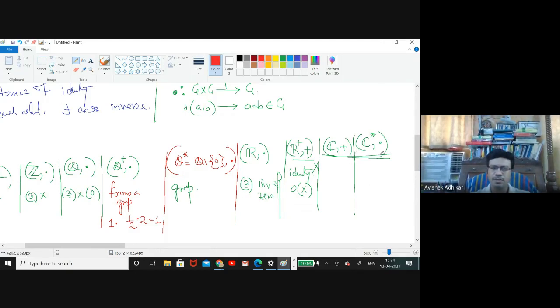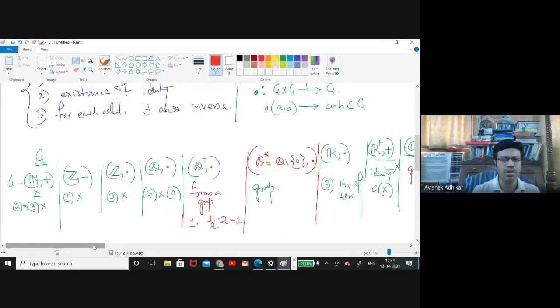Yes, sir, they form groups. Like natural numbers, we extended to Z, and then Q, Q plus, Q star, and so on. So there are plenty of such examples where they form a group.